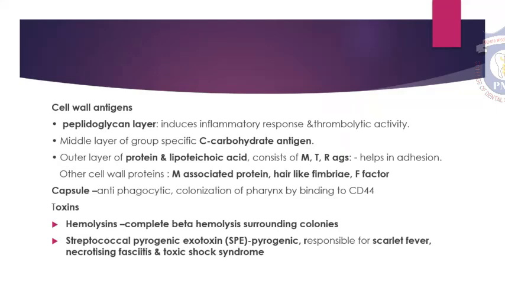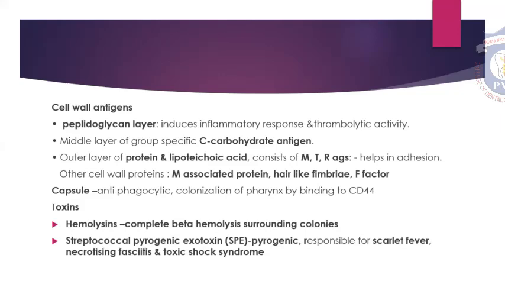This M protein inhibits phagocytosis, binds to fibrinogen, and together they bind to beta-2 integrins of neutrophils, causing the release of inflammatory mediators, inducing vascular leakage, causing streptococcal toxic shock syndrome. So this M protein is the principal virulence factor of group A streptococci.